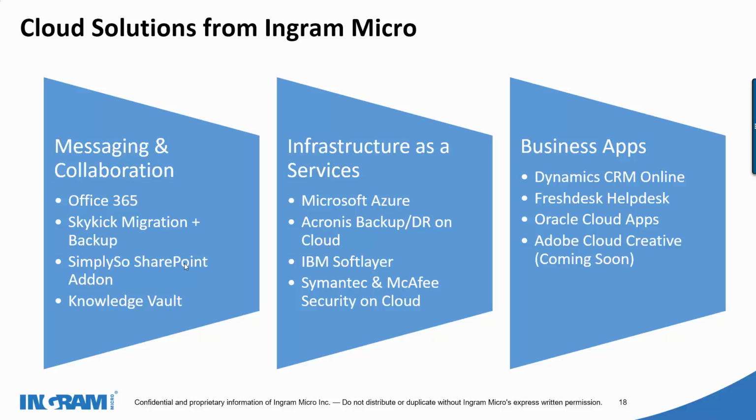So you have Office 365 and the add-on products, Microsoft Azure, Acronis Backup, and many more, and business applications like CRM and help desk solutions. So we are committed to build your business. We are committed to help you build your portfolio and services around cloud to help you become a solid cloud services company in your region.